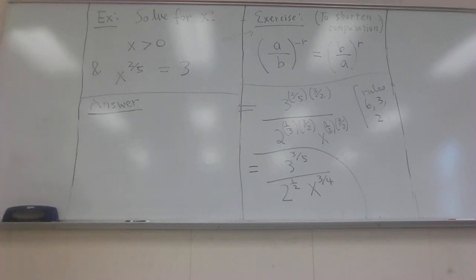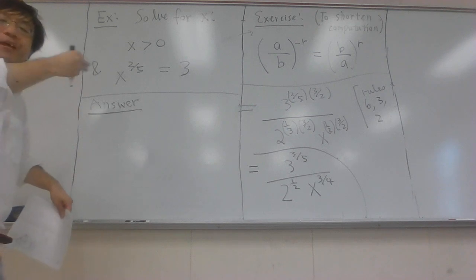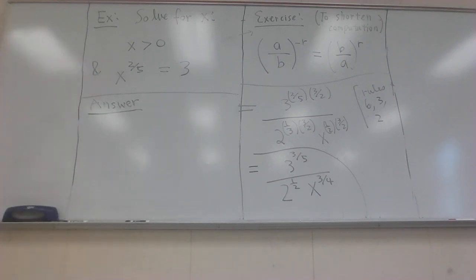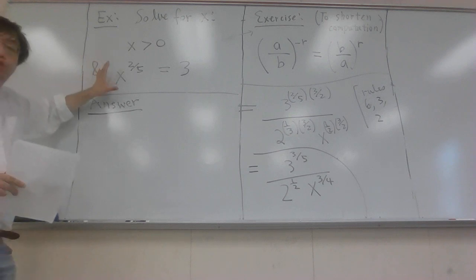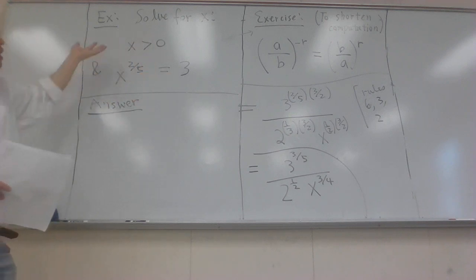Here's the answer. Let me do it first, and I'll explain the trick or the strategy in greater detail. So basically, what you do is you take this equation. You want to isolate the x. You want to solve for x.